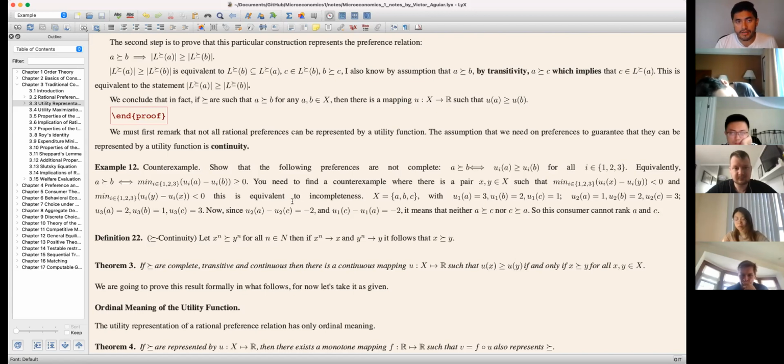Hence, you should start asking, okay, but what are the observable implications of such a model of behavior? What kind of data do I need to test this model? And how should the choice data look if it were generated by utility maximization? So start thinking about that. We're going to get eventually to that in this class.